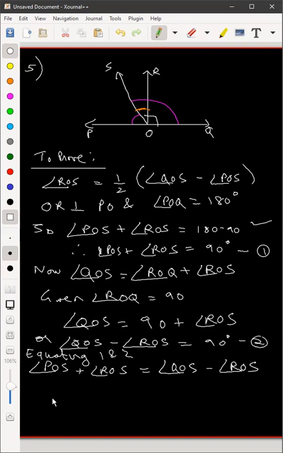Clear? If I take ROS to the other side, what will I get? Angle POS plus twice of angle ROS is equal to angle QOS. I just transpose this ROS to the other side.